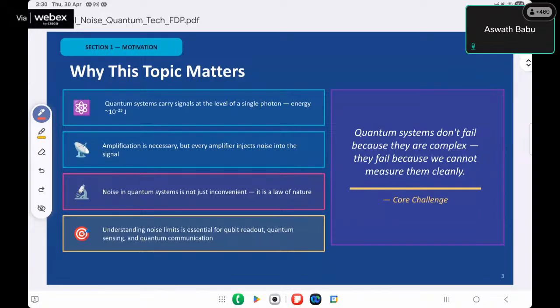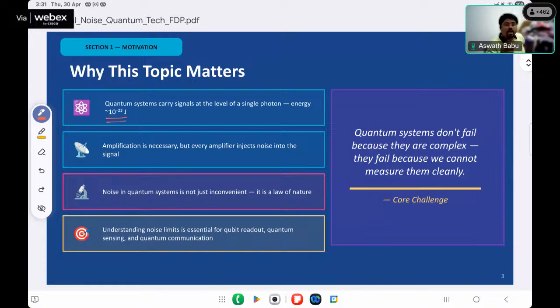Here, quantum systems carry signals at the level of a single photon. What is the energy range? You see, 10 to the power of minus 23 joules. So small.